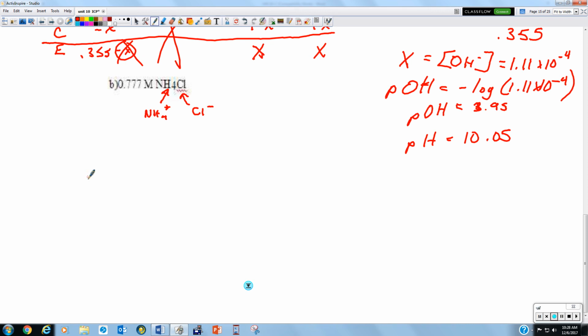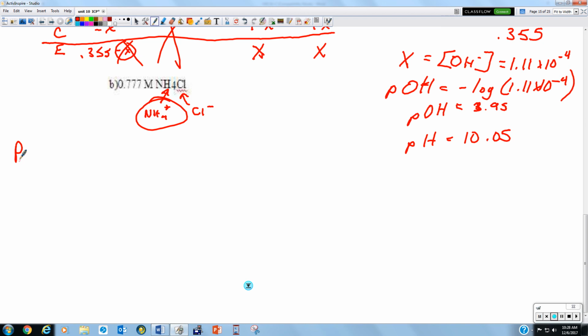Which one of those is coming from the weak parent? Chloride is coming from HCl. This is coming from ammonia, right? So this is going to be our weak.